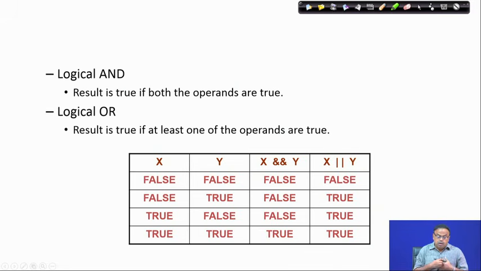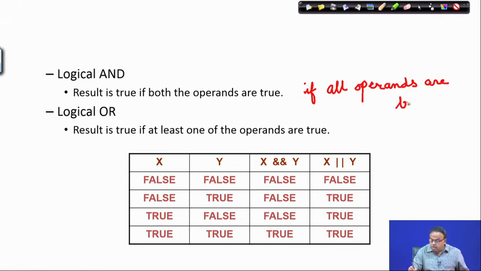So, logical AND: the result is true if both the operands are true, and it works the same for three operands. If all the operands are true, the result is true.